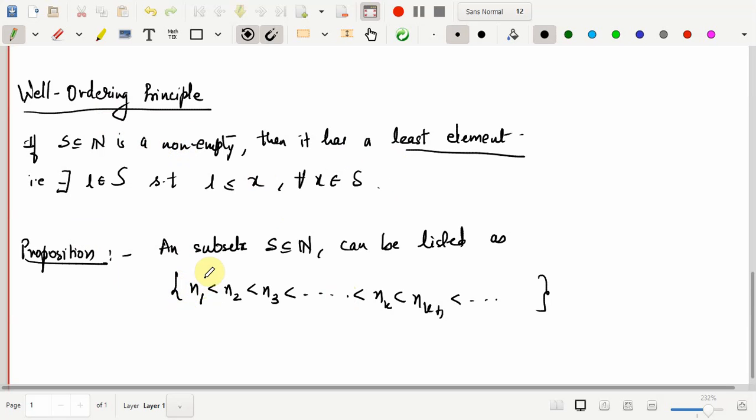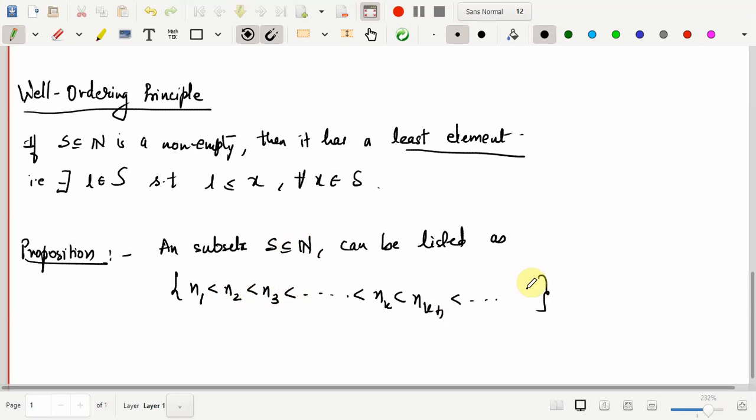It will still remain infinite, and therefore the given set will again be an infinite subset of the natural numbers, and so it's going to have a least element by the well ordering principle, and we call that second least element n2. Therefore n2 is less than or equal to every other element of S except for n1. Since n1 is the least element of S, n1 has to be less than n2, and this goes on.